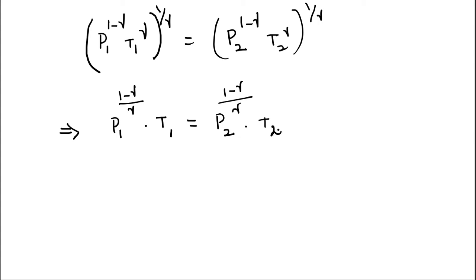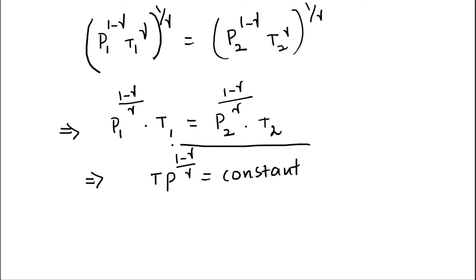So this is the relationship we get. If we simplify, this equation will be T times P power 1 minus gamma over gamma equal to constant. So this is the relationship between temperature and pressure in the adiabatic process.